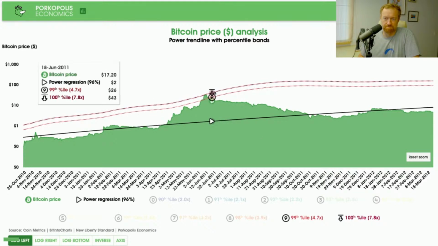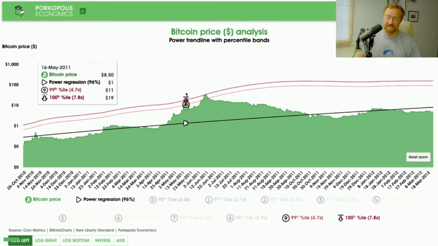All right. This is why I like the multiple analysis. The 99th percentile means that 99% of the observations are below that penultimate red line, 4.7x. Okay, so 4.7 times the trend is a 99 percentile event.